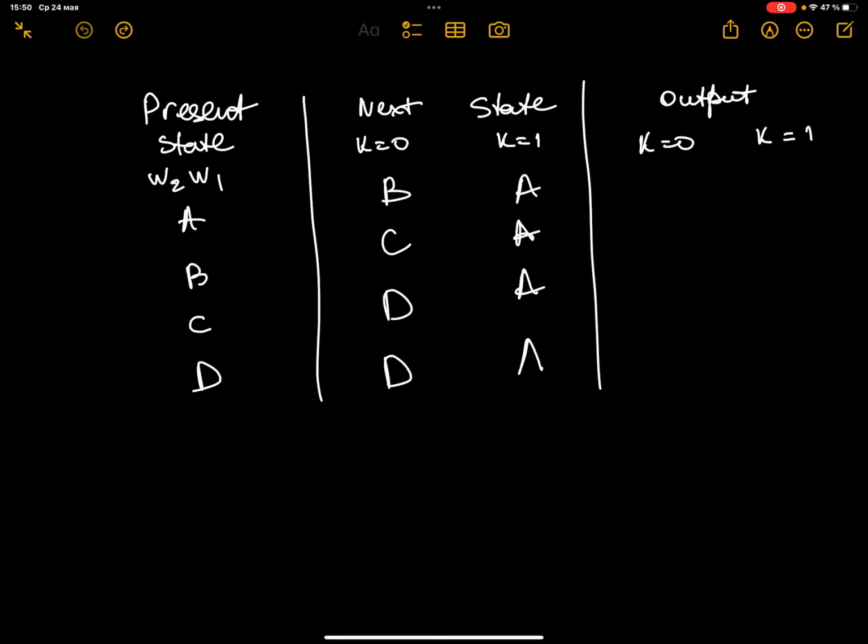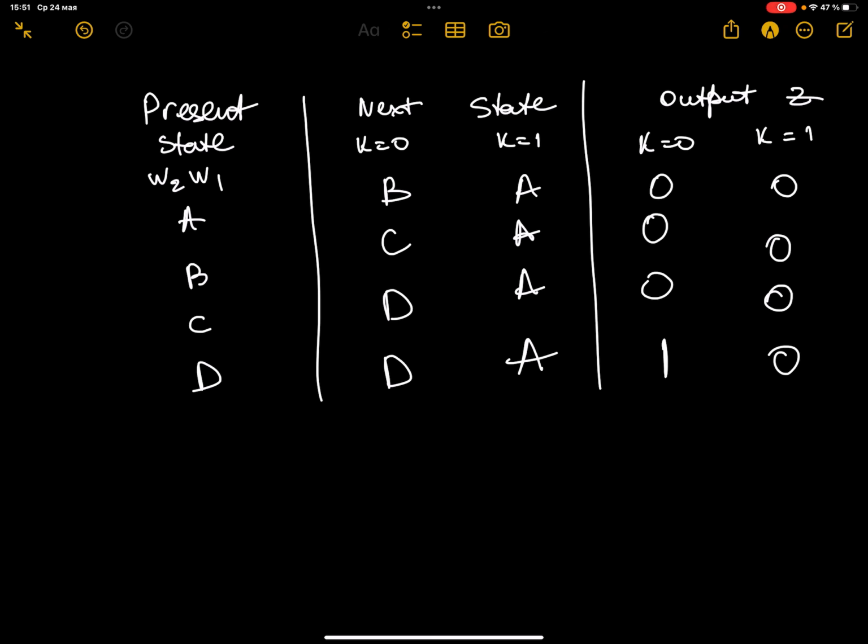So we start from the initial state, and for all values of K equal to 1, our output Z is going to be 0. For K equal to 0, it's also 0 for states A, B, C, but only when K is 0 and we're at state D, our Z is going to be 1.